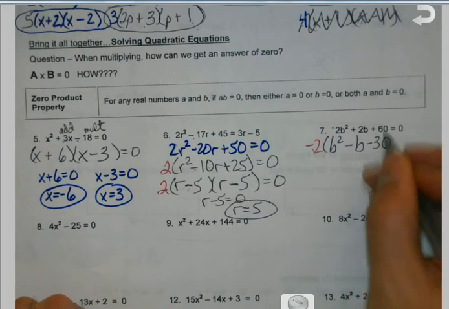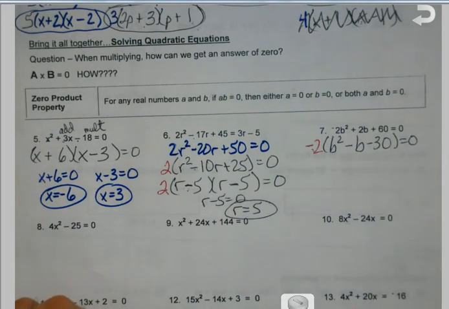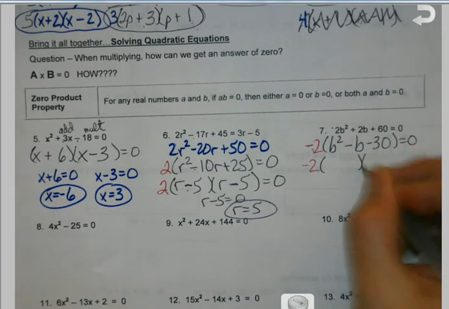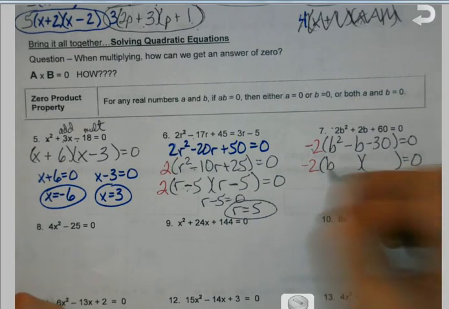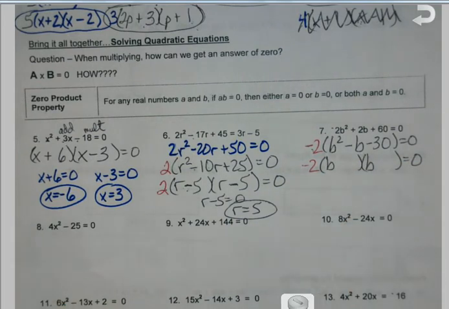Negative 2 times negative 30 is 60. And now again, that negative 2 really isn't going to come into play anymore. But I am going to need to factor what's left in the parentheses there.